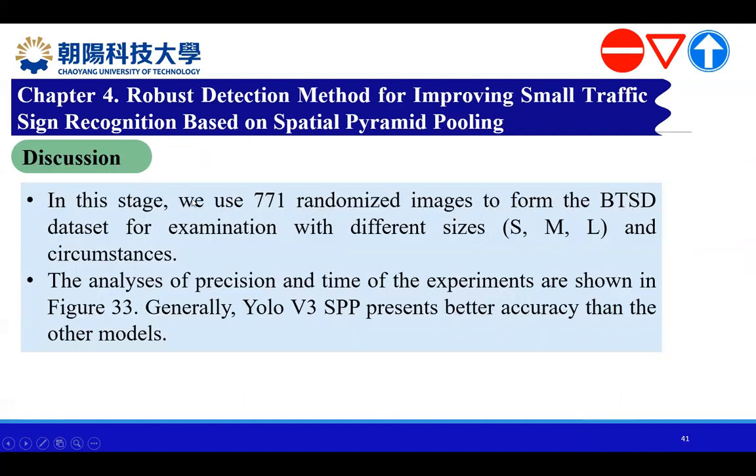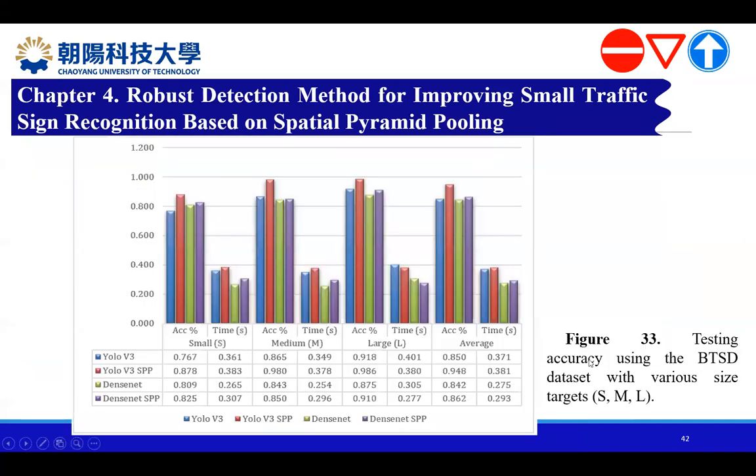And for the discussion, we use 771 randomized images from the PTSD dataset for examination with different sizes, S, M, and L. The analysis of precision and time of the experiments is shown in figure 33. So we can see here the testing accuracy using the PTSD dataset with various size targets: YOLO-V3, YOLO-V3 SPP, Densenet, and Densenet SPP for each category, small, medium, and large, and this is the average of each category.